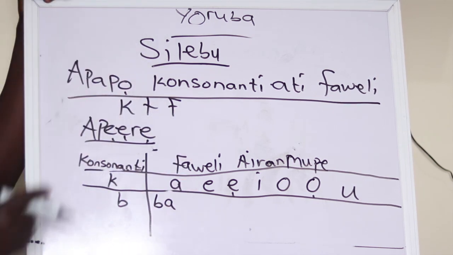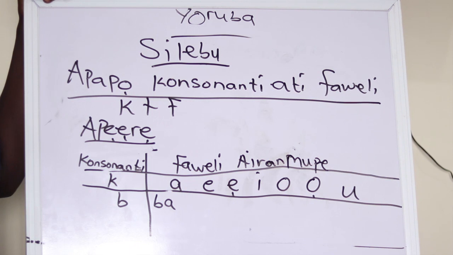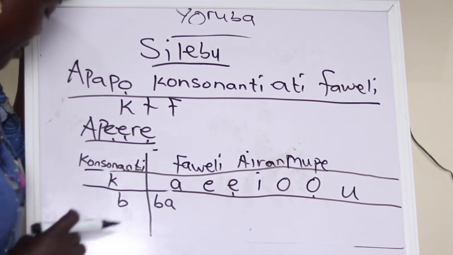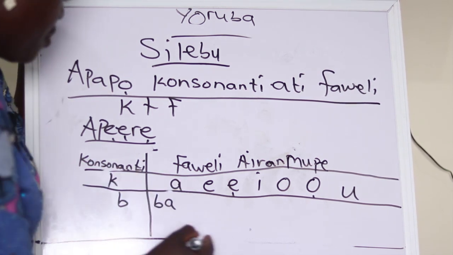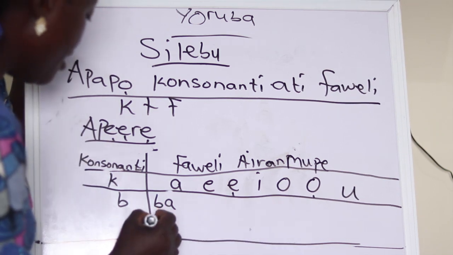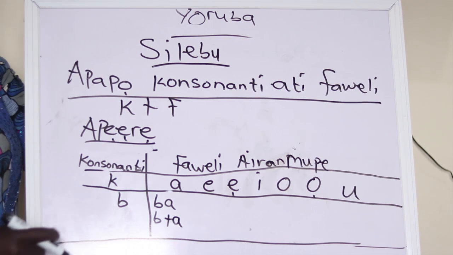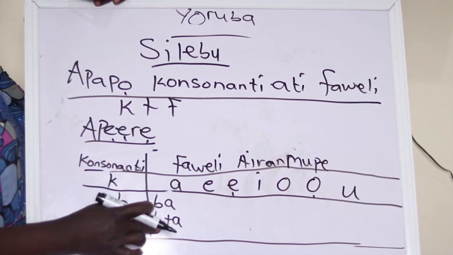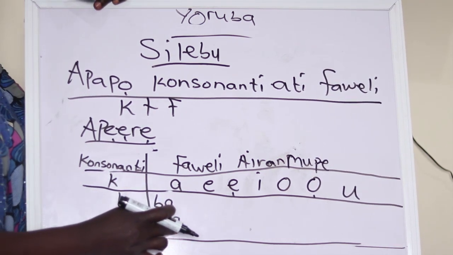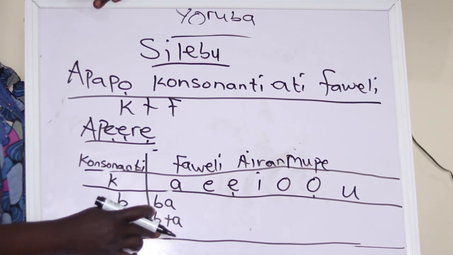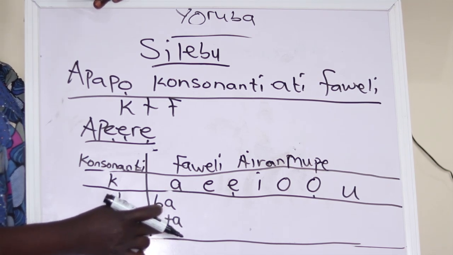You want to call it together. The BA will be B plus A. Let's see. B, A. You want to call it together. Ba.